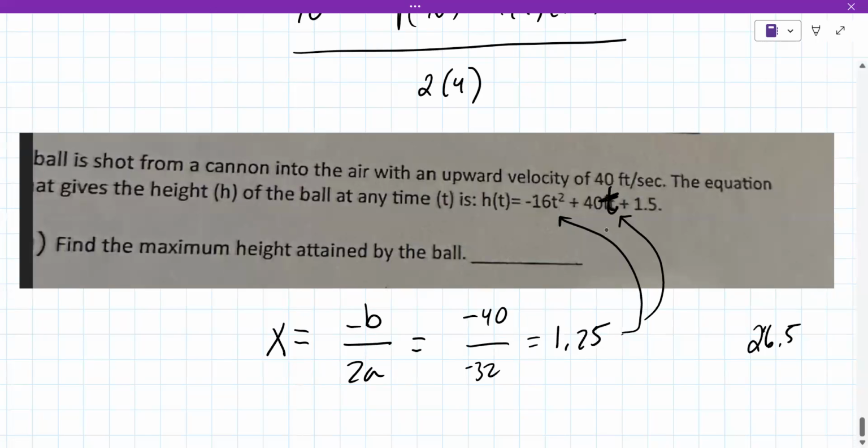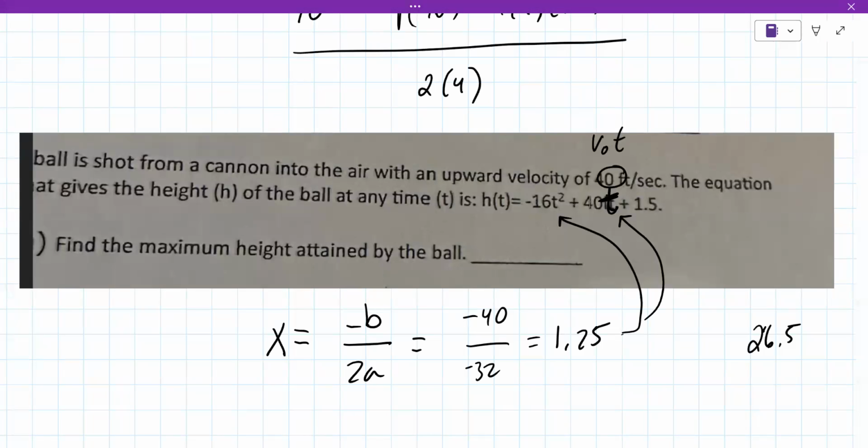You didn't plug 1.5 in for that, and that would probably be why we're different. I just left that as is. It will be very hard to do the next part without that. And this has to be t because the equation is v0 t. That's why they're giving you that number there. So one more time, it would be 26.5. Yeah.